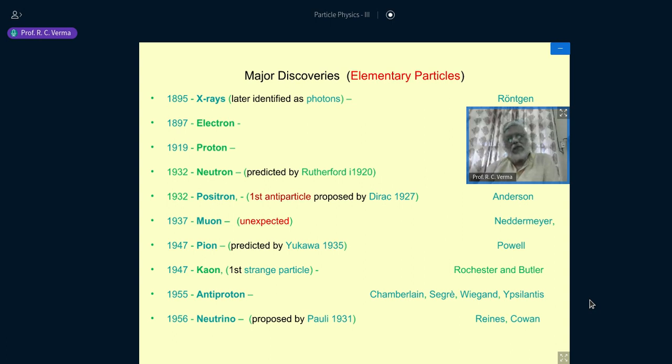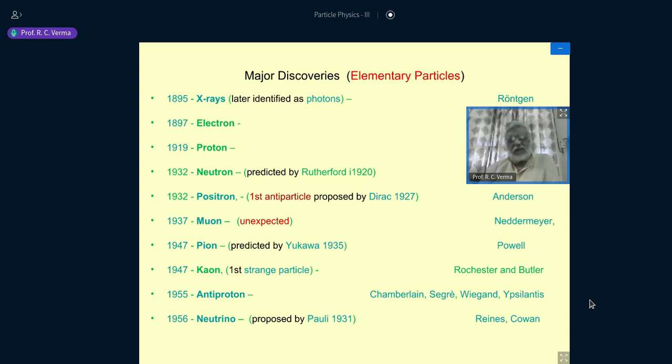And then when accelerators came on the scene and cosmic ray studies were made more seriously, around 1947, the first strange particle was observed by Rochester and Butler. That is named the kaon. It's like a heavy partner of the pion.